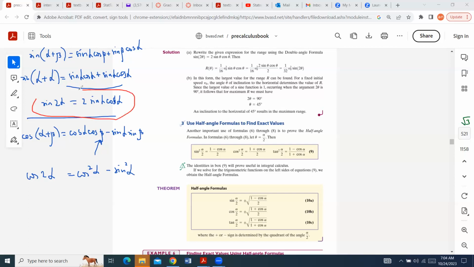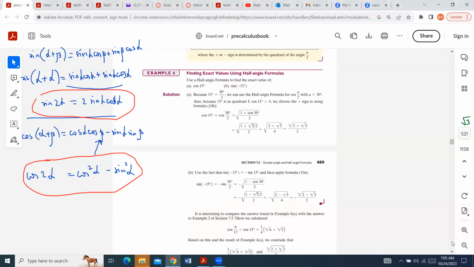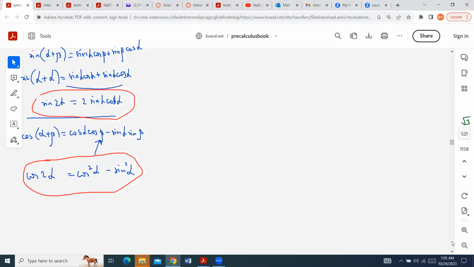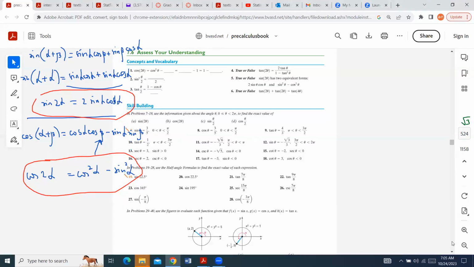So I'm talking about double angle formulas that I just justified for you using the previous section. It's all pretty straightforward. That's why the previous section is important, because based on it, we got more stuff that is useful. So for now, I'm going to try to find some of these double angles.